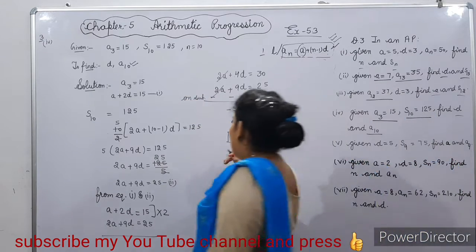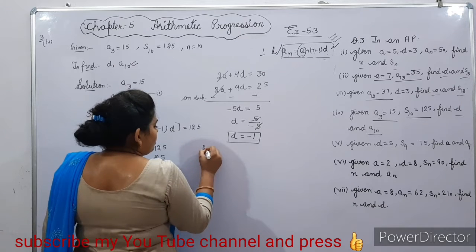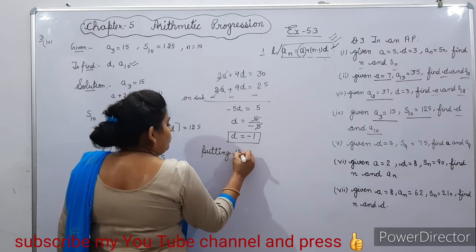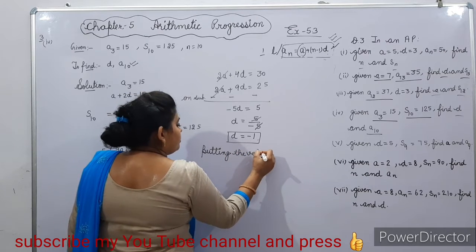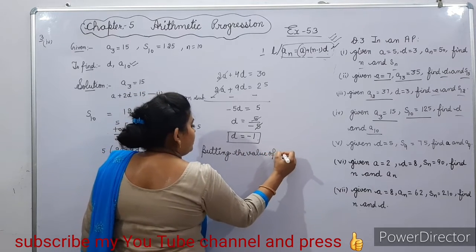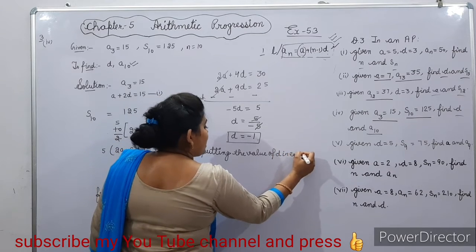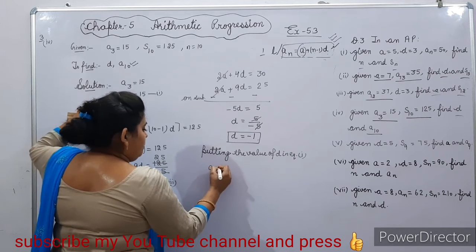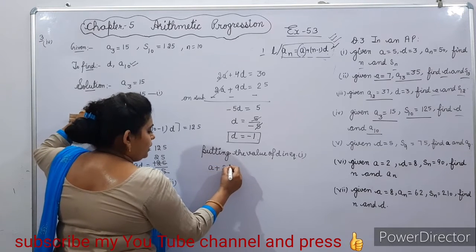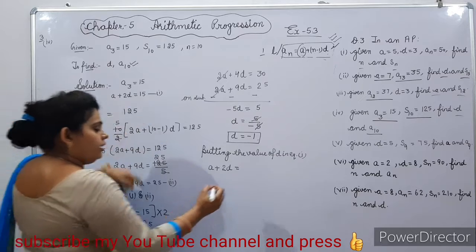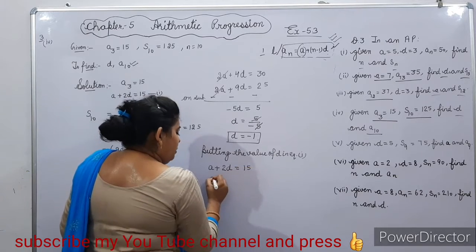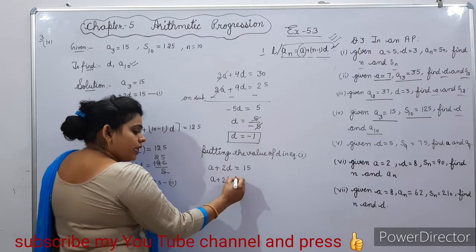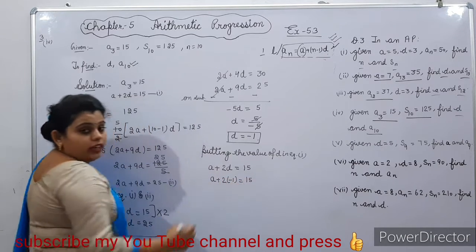Now I am putting the value of d in equation number 1. What will we get? a plus 2d is equal to 15. a plus 2 into d is equal to minus 1, and it is equal to 15.